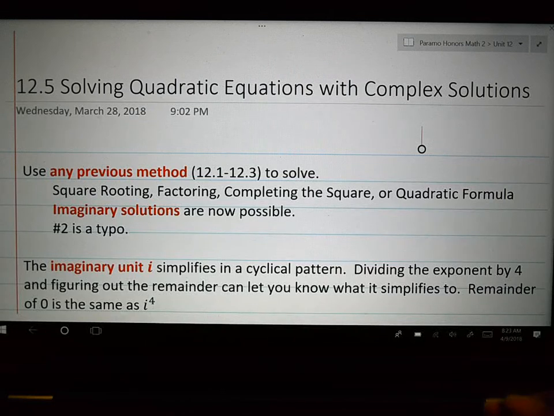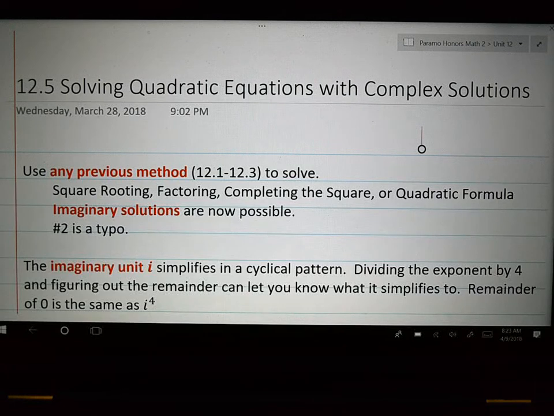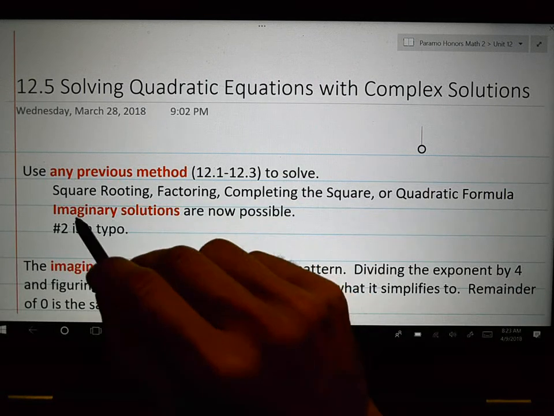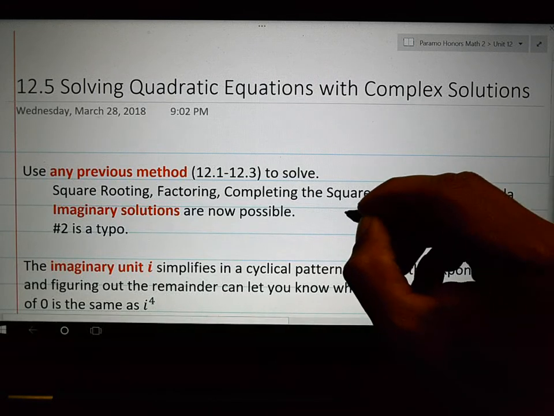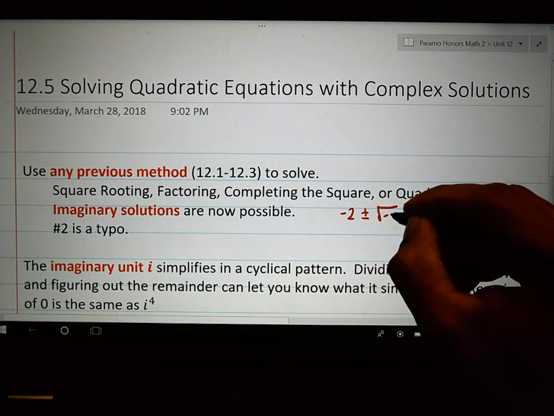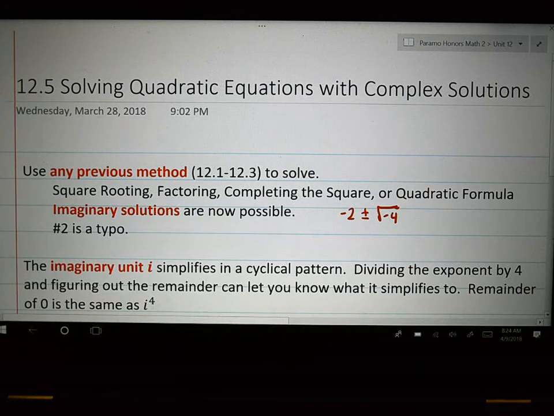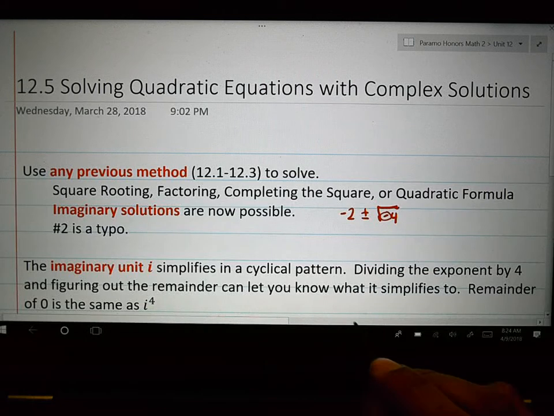What we want you to do now that you know what a complex number is, we want you to solve anything that is imaginary. So when you are working out problems, if you get an imaginary solution, we want you to figure out what those are. Meaning, normally we told you to stop. If you had, let's say, negative 2 plus or minus the square root of negative 4, what we want you to do now is go, oh, I know how to handle this, the square root of a negative.